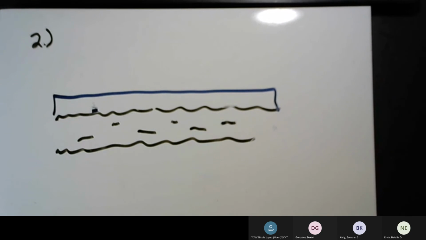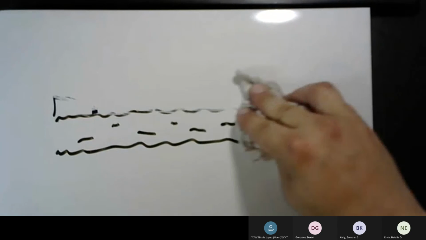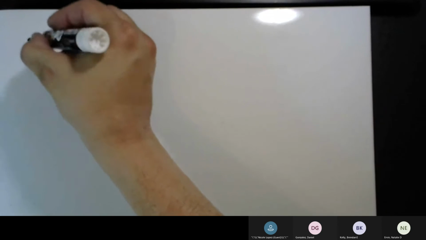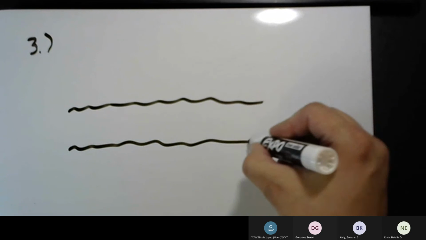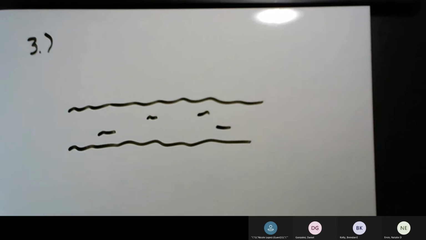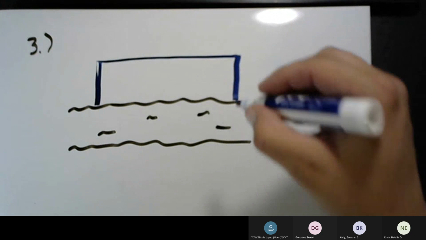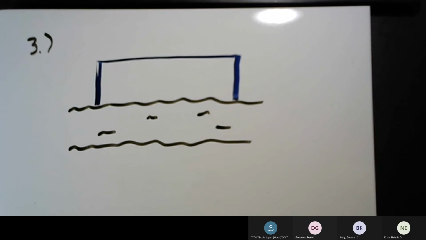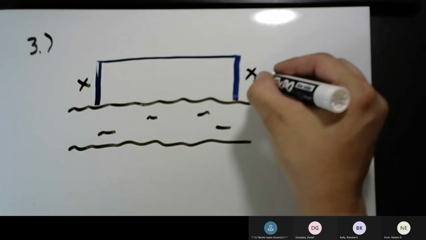So how we can break this down. Let's draw a generic garden. So what we're going to do, we can label these sides x.